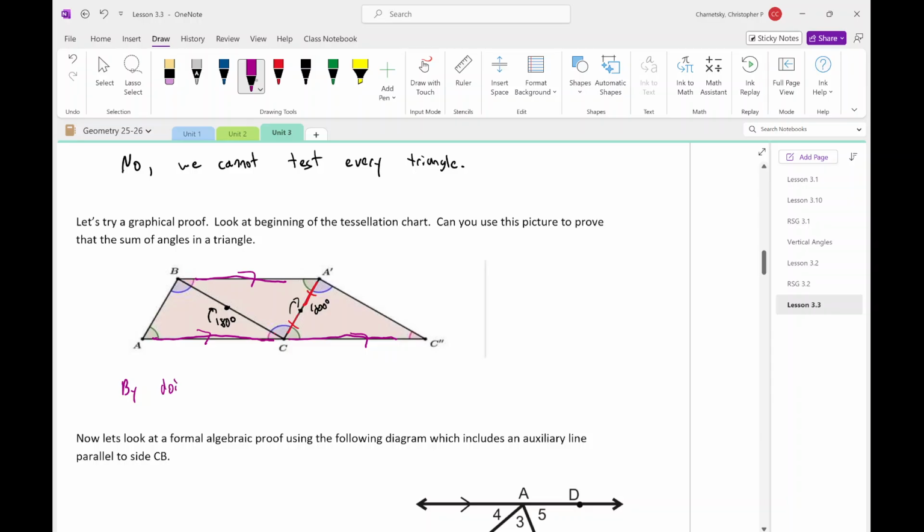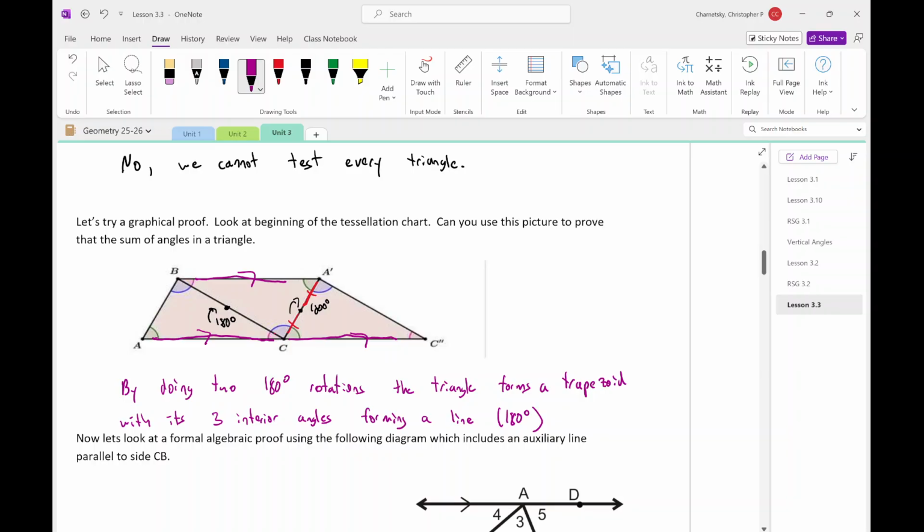By doing two 180-degree rotations, the triangle forms a trapezoid with its three interior angles forming a line, which is 180 degrees.